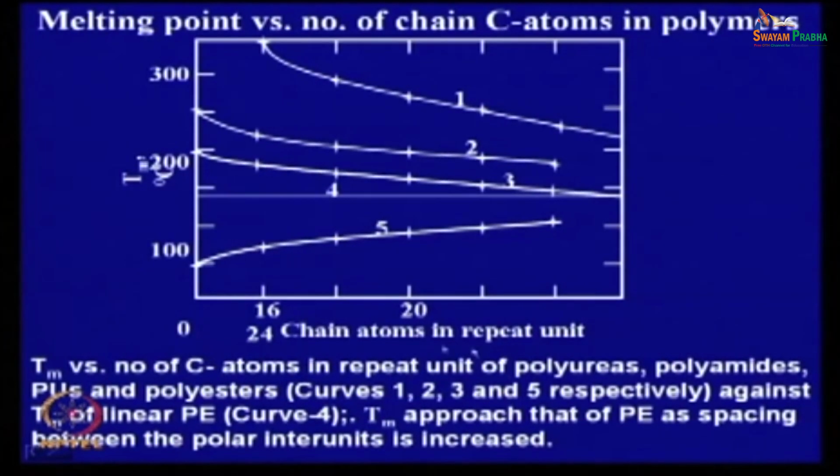Actually, there is a problem in the figure: this is 20, this is 24, read it as 0, 16, 20, 24. Now, there are 5 curves. This one is also a curve, this horizontal one is also a curve. This curve 4 shows the Tm, melting temperature, of linear polyethylene.